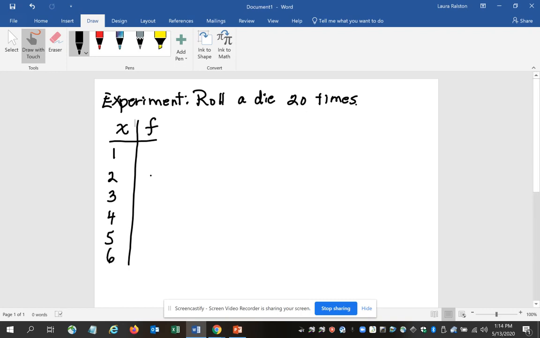So I did that, and I had the number 1 occurred twice, the number 2 occurred 7 times, 3 occurred twice, 4 occurred twice, the number 5 occurred 5 times, and the number 6 occurred 2 times. And so this is our frequency distribution. This frequency distribution shows what actually happened when I rolled the die 20 times.